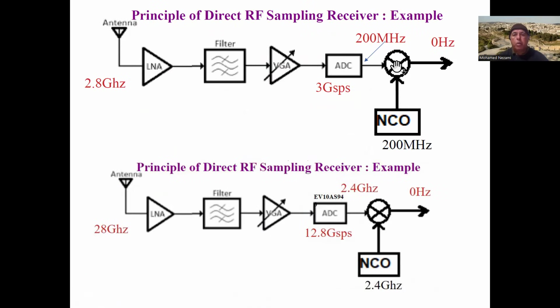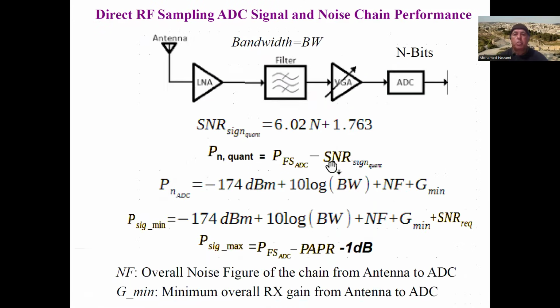So we're going to go to these two examples, which I have shown previously. One is direct sampling 2.8 gigahertz, and we're going to go to 28 gigahertz. We're going to direct sample it. And we're going to show in the coming sessions how we're going to do the system design as well.